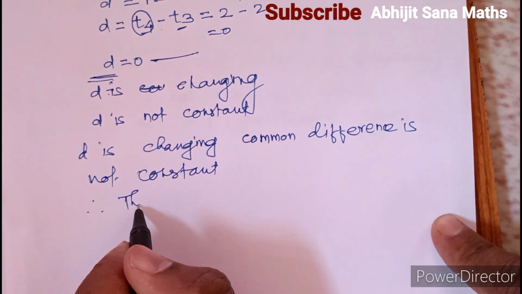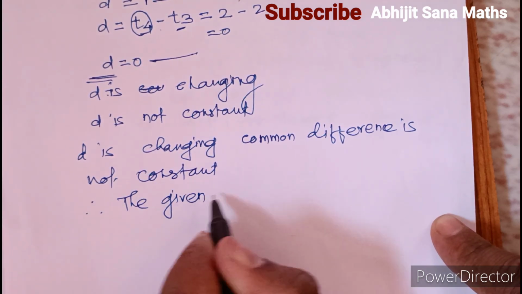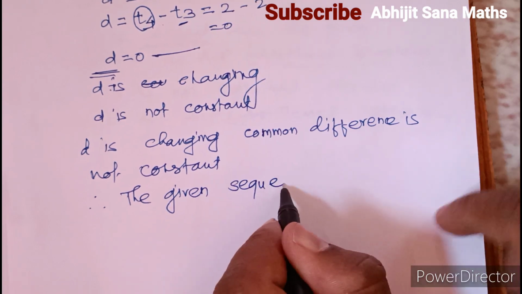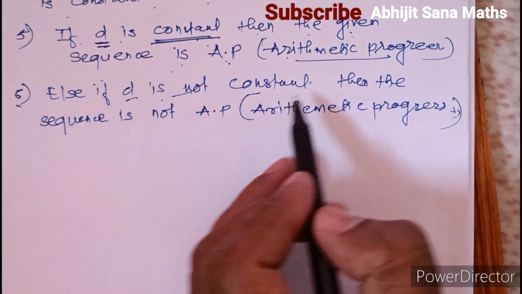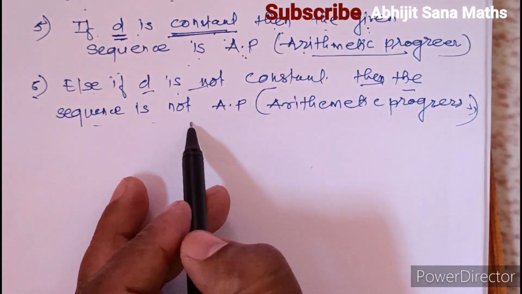Therefore, in the steps, else if the D is not constant, then the sequence is not AP.